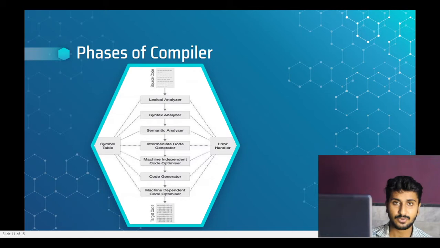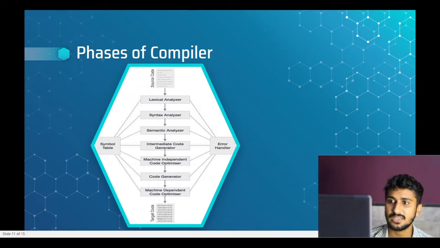For example, if I am writing any code, the lexical analysis will make the tokens. We have to execute this code and we need its output. So lexemes will make the tokens of data types, methods, and classes, and that's how lexical analysis works.